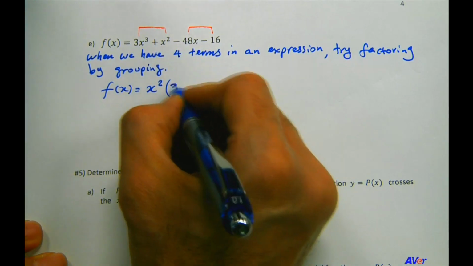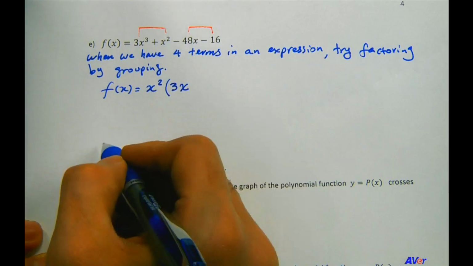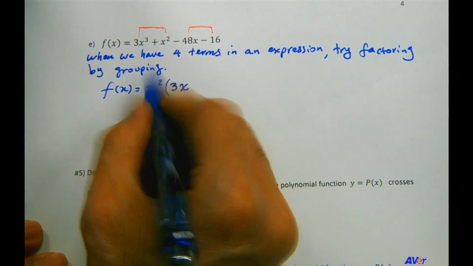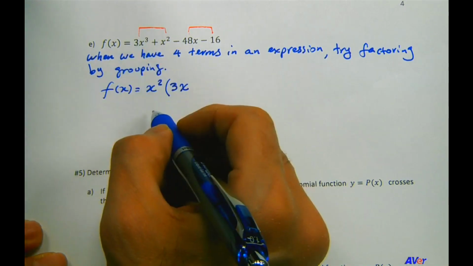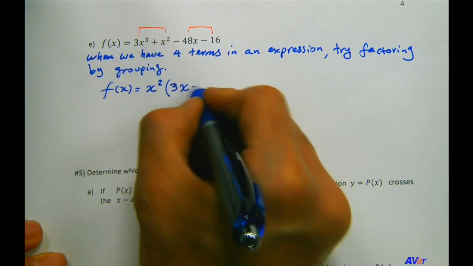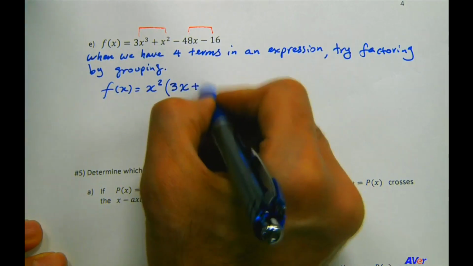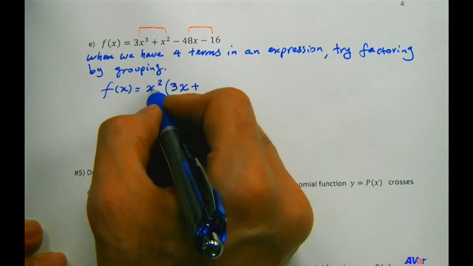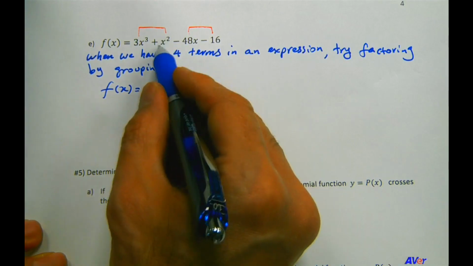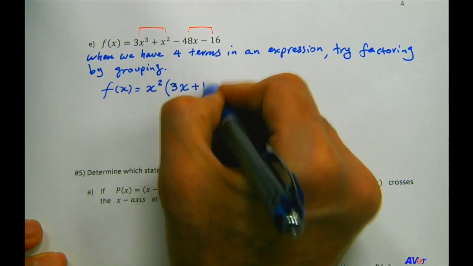I should have 3x, right? 3x times x squared is 3x cubed. Then plus. What should I have here to multiply by x squared and get x squared back? 1, right?